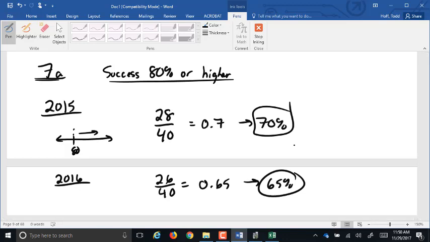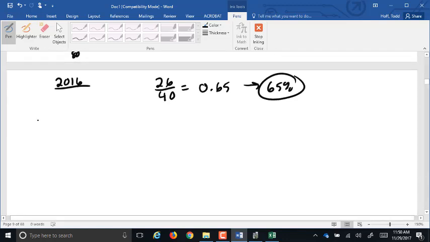So we can tell by looking at these dot plots that 80% or better is not exactly what they were considering a success, but it's close to it. Now, what if we define success as receiving 74% or better, which is part B?